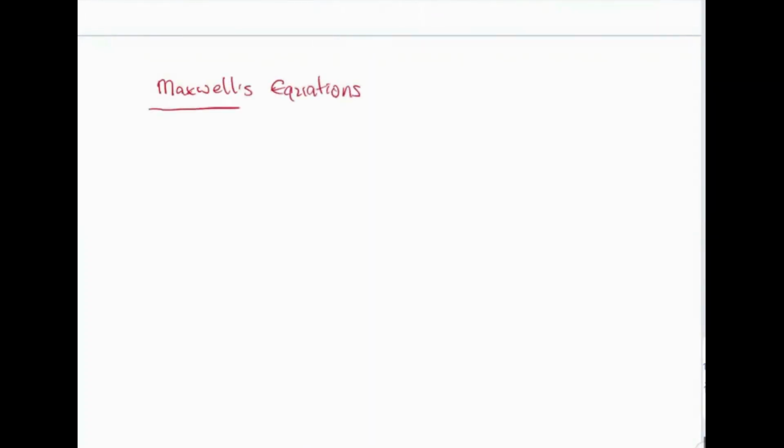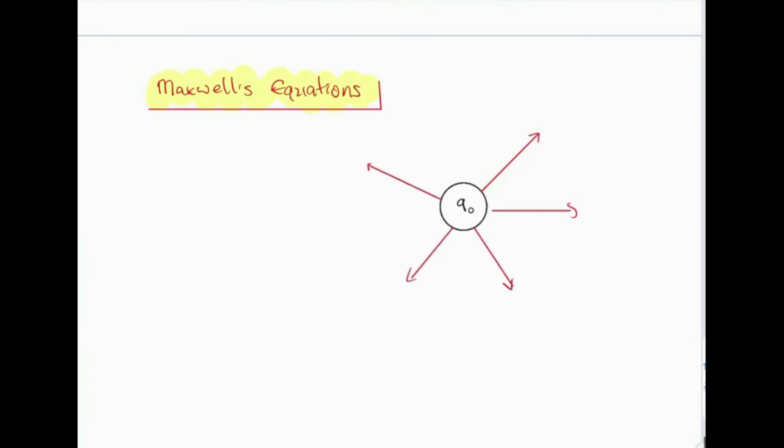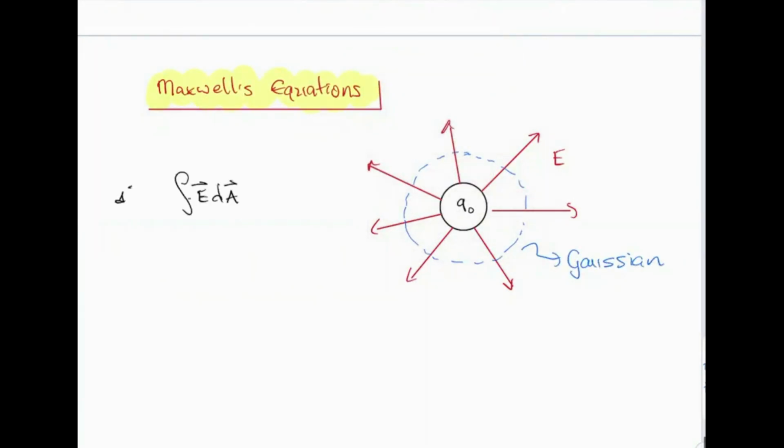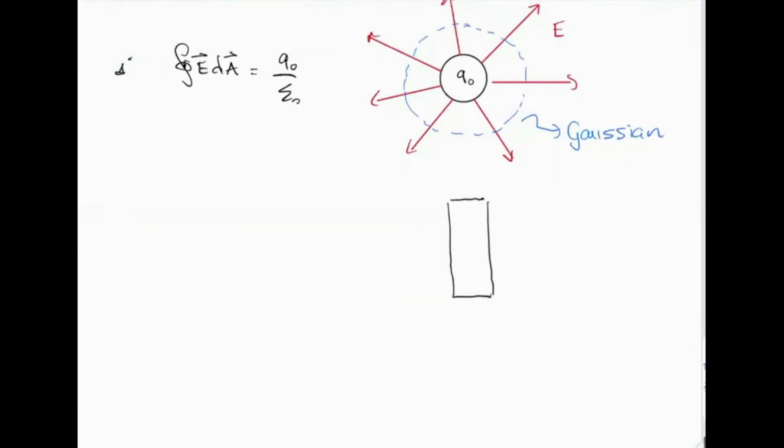So, Maxwell's equations. The first one is straightforward. Net charge is what creates the electric field within the Gaussian surface. So the amount of electric field intercepted by the area of the Gaussian depends on the net charge on the inside.